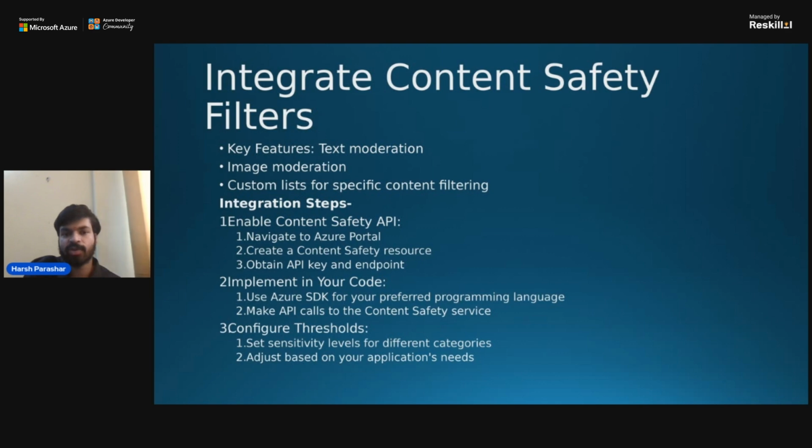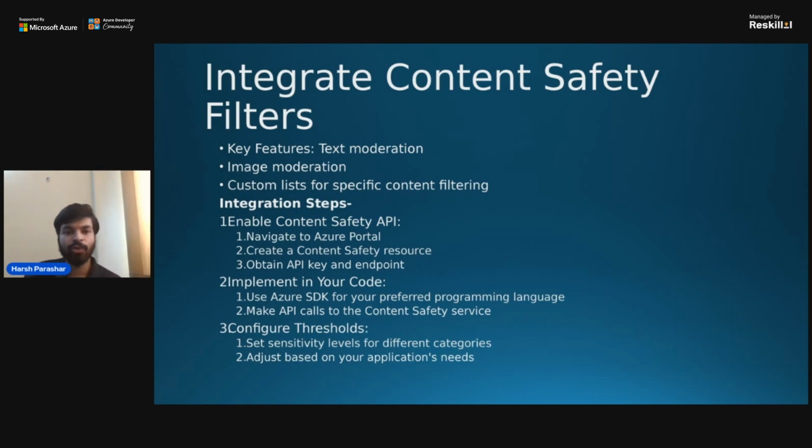Custom lists for specific content filtering are available on the internet. You can check for all the custom lists; they are easily available there. Now, the integration steps. Firstly, enabling the content safety API, the application programming interface. You need to navigate to the Azure portal, create a content safety resource, and obtain the API key and endpoint.